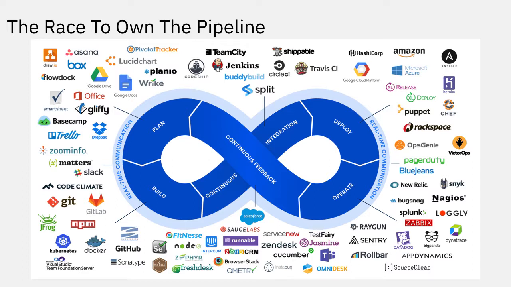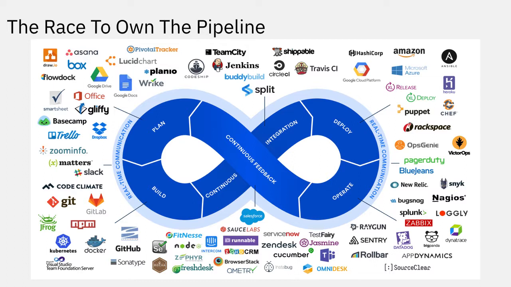Now, in the continuous integration phase, you got Jenkins, TeamCity, Travis, and very popular tools like that will help you to deal with your continuous integration. Now in the deploy phase, you got support from tools like Chef, Puppet, Amazon. There's Ops Genie, and so on and so forth.